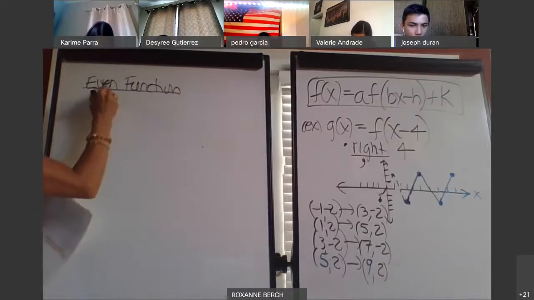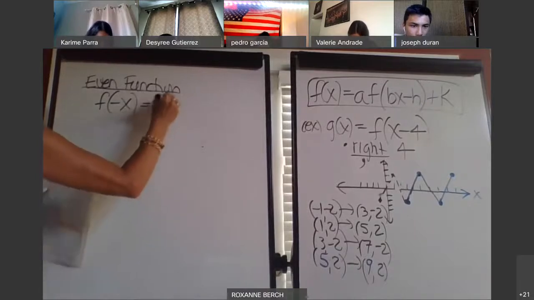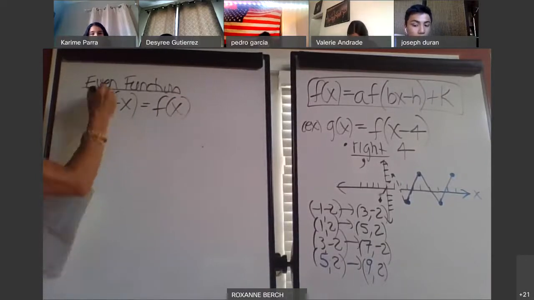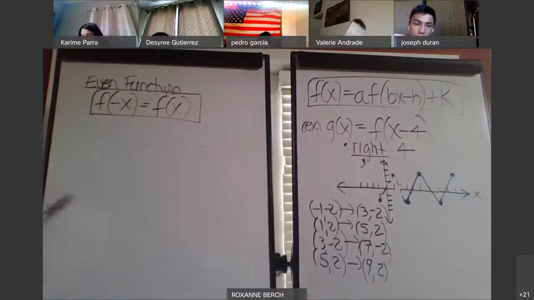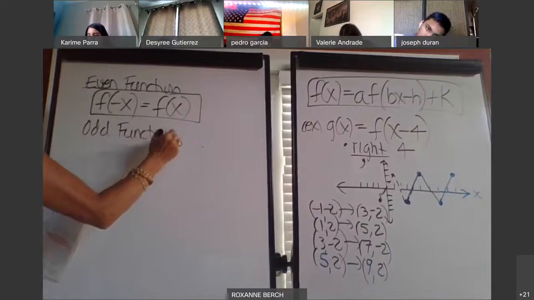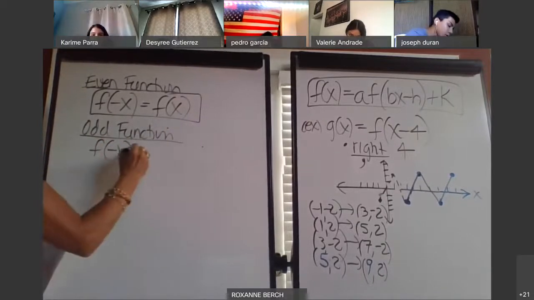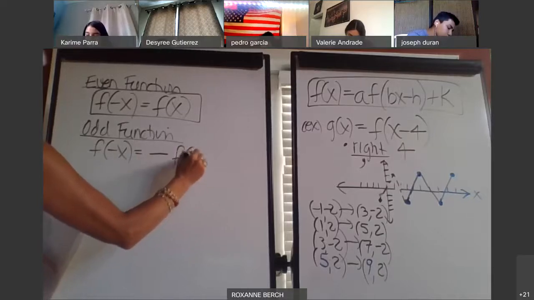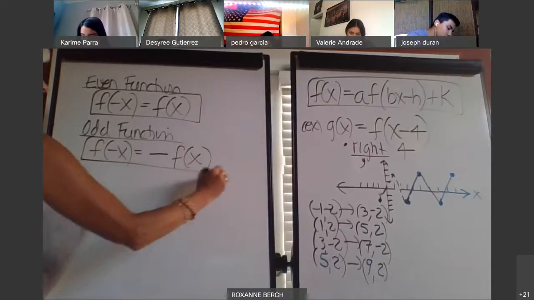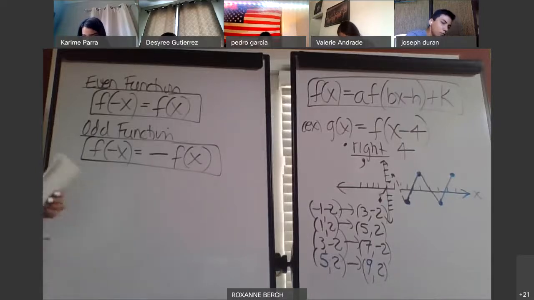An even function says this: if you put a negative into the function notation, it's going to come out to just be f of x. I'll explain it in a minute. An odd function, when you put a negative into the function, it's going to turn out to be negative f of x. So a function is not necessarily even or odd. It can be neither. But let me talk about these real quick.